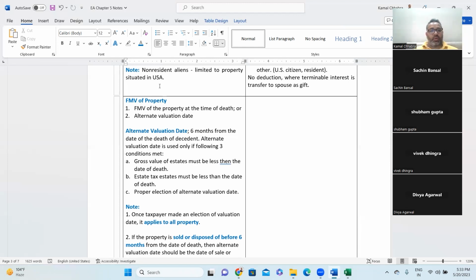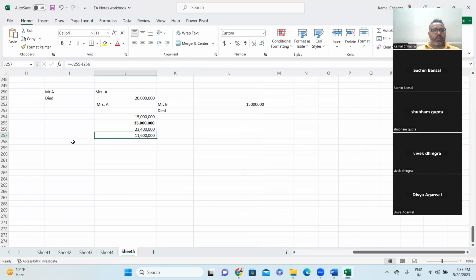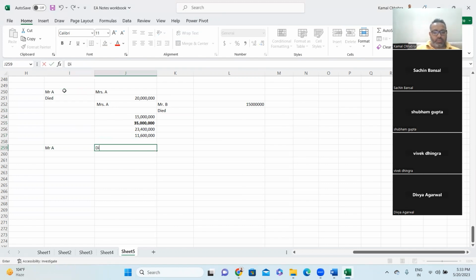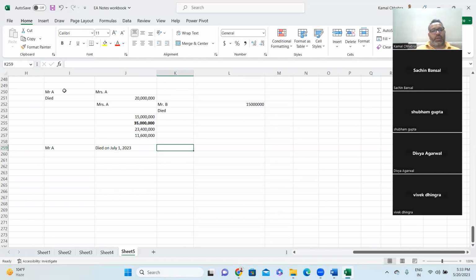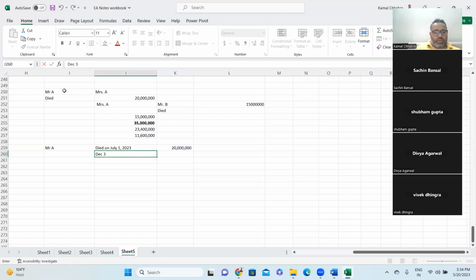Maybe I can explain through an example. Let's assume Mr. A died on July 1, 2023, right? And the value of the estate, let's say he has $20 million, right? So the alternate date is December 31st, 2023, right?